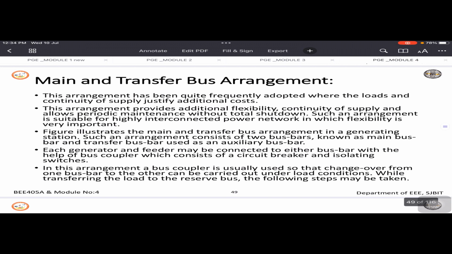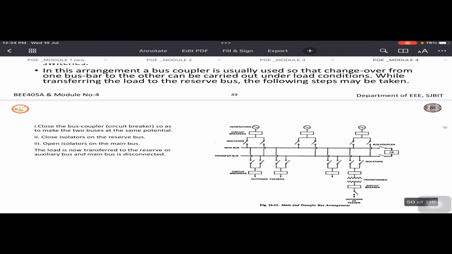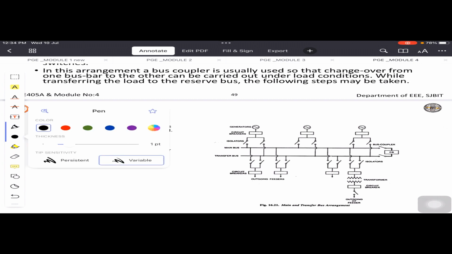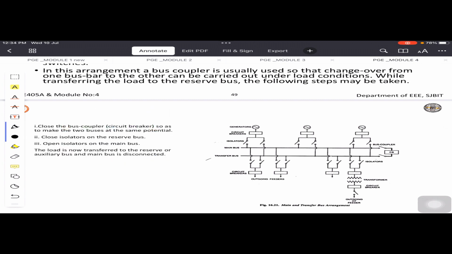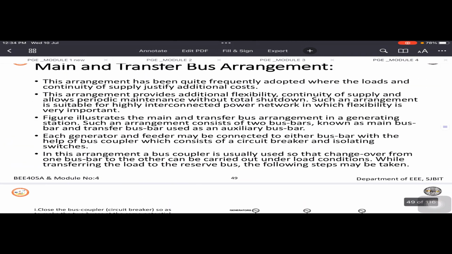Now next is the main and transfer bus arrangement. Let us observe the main and transfer bus system. In the earlier case you had only one bus. Here you have 2 buses, bus 1 and bus 2. This is what we call the main and transfer bus arrangement, that is, there is a duplicate bus bar.